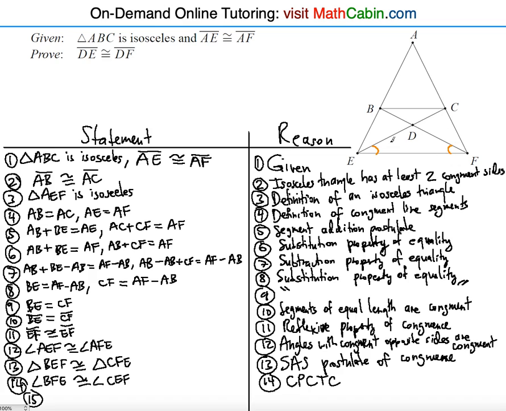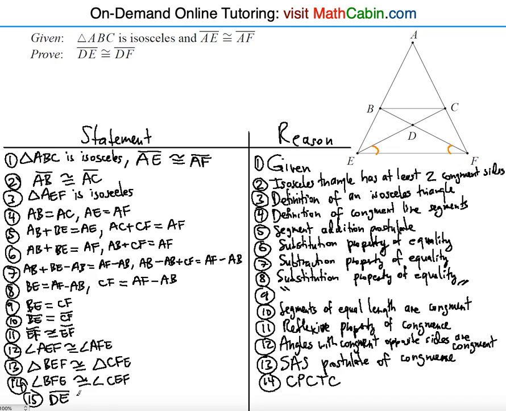So now the last thing is pretty obvious, right? Because if these two angles are congruent, and we're talking about the base angles of triangle EDF, right? These are the base angles of this triangle here, EDF. So that means if these base angles are congruent, the opposite sides to these congruent base angles must be congruent. And guess what? These are the opposite sides that we're talking about that we need to prove, right?